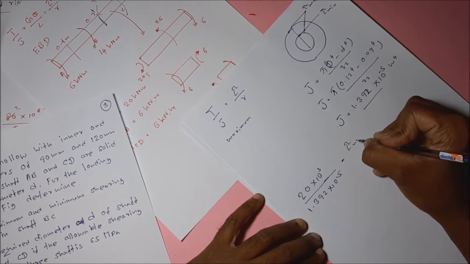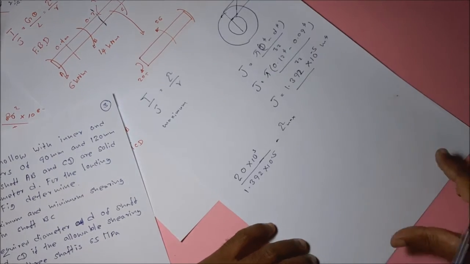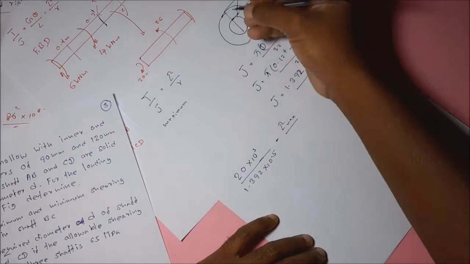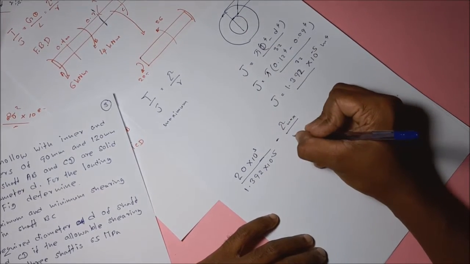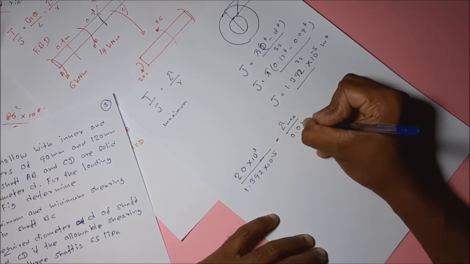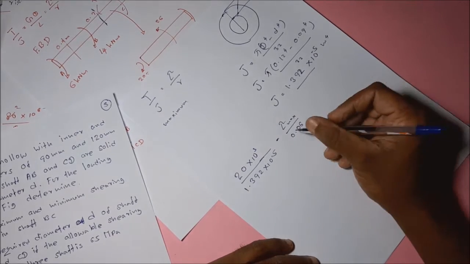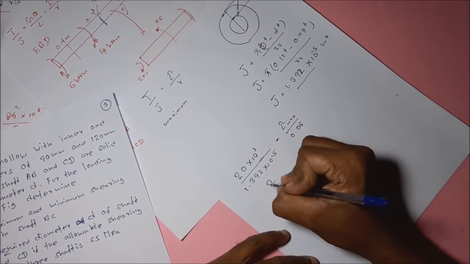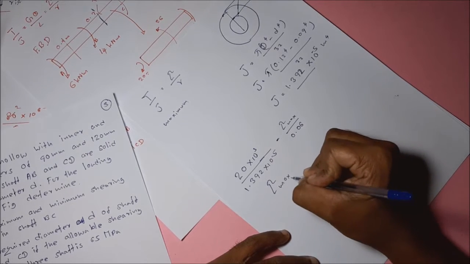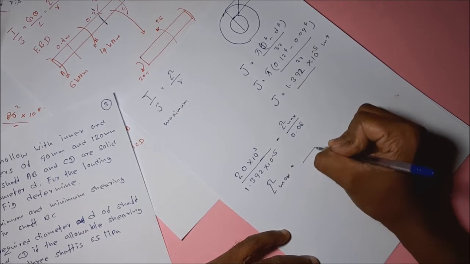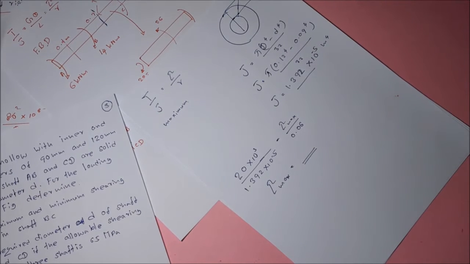To find the maximum value, we substitute the maximum r value, 0.06. By simplifying this equation we will get the tau maximum.